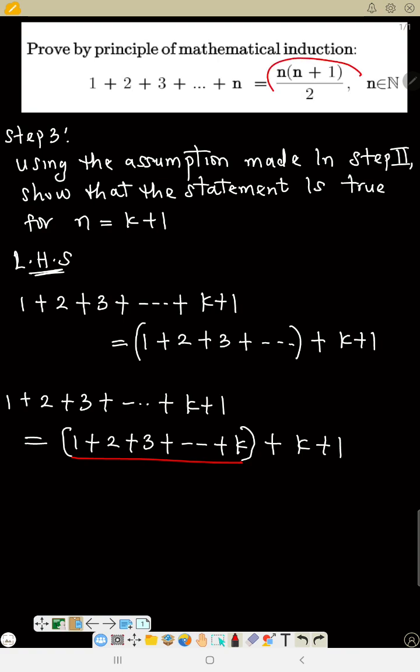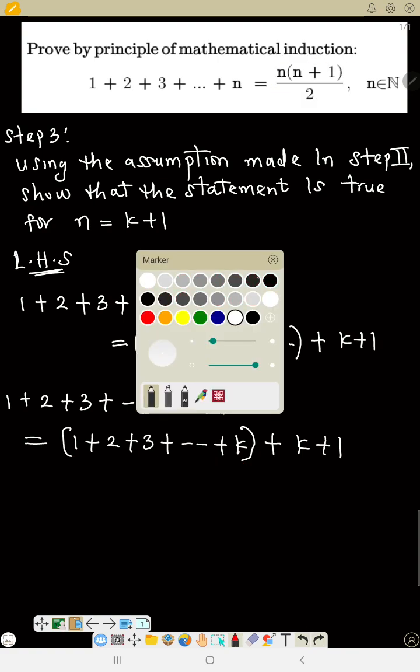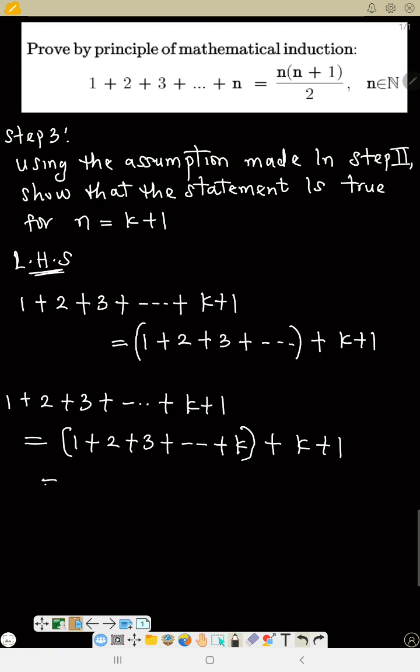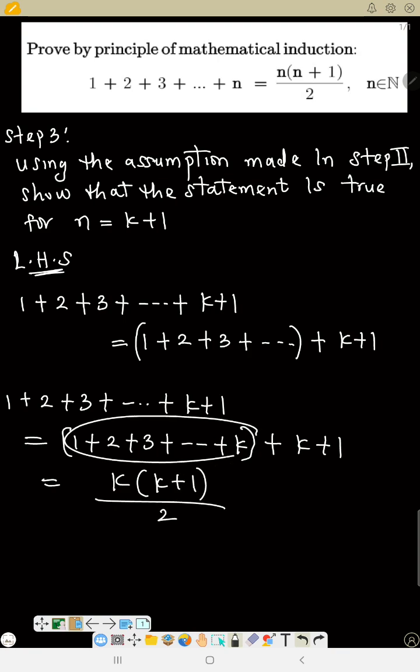So my result is k times k plus 1 over 2. That is the sum. Then I have plus k plus 1. Remember this one.